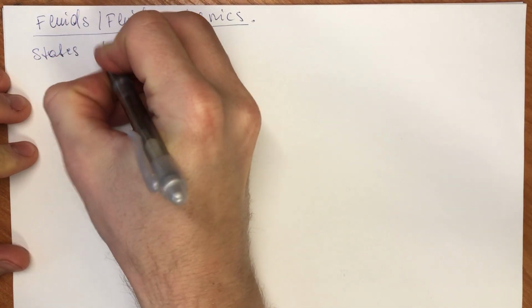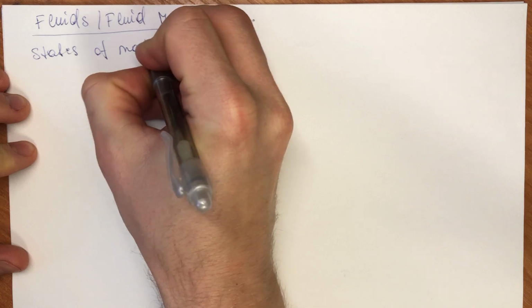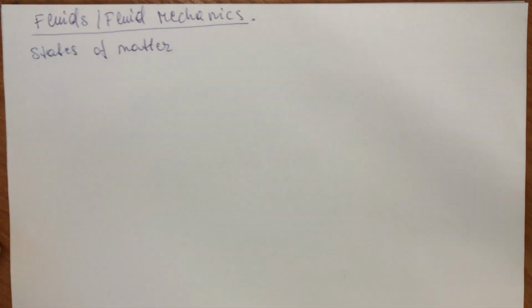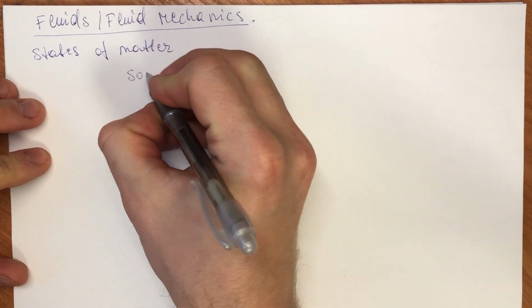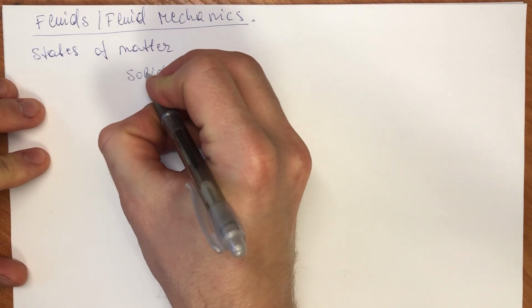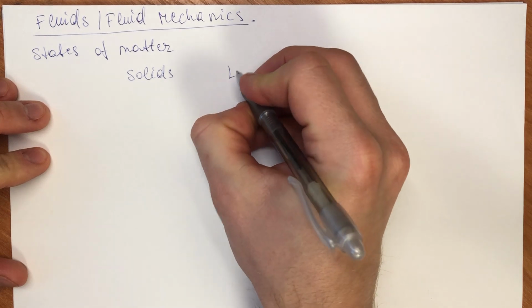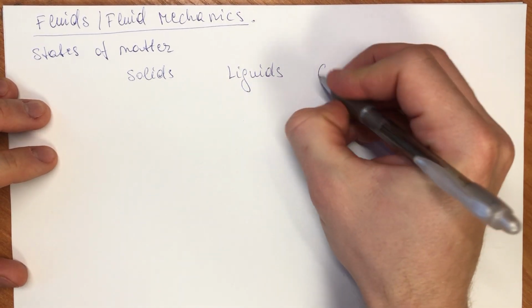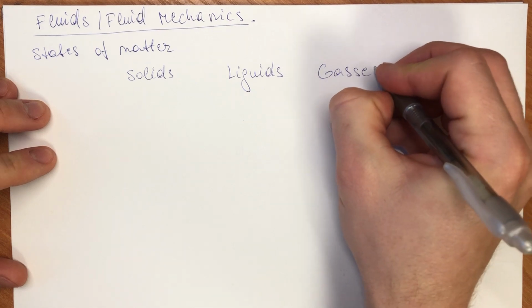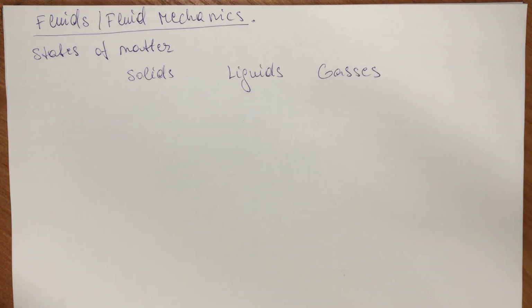So we have to begin with states of matter, and the basic three states of matter. These are solids, liquids, and gases.